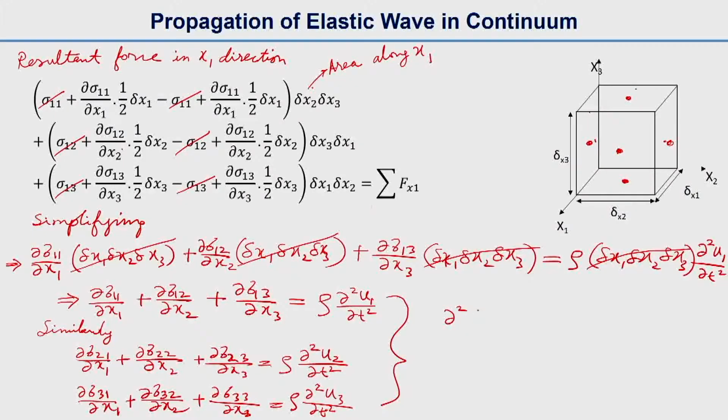It's partial of sigma subscript ij with respect to xj is equal to rho, density, times the second partial of ui with respect to time.